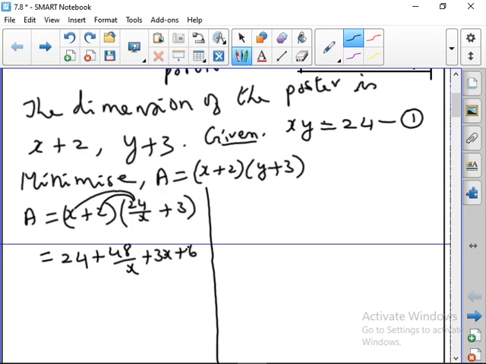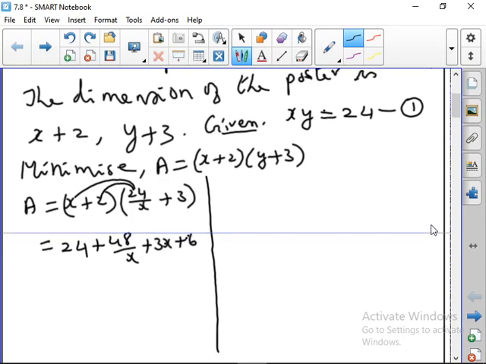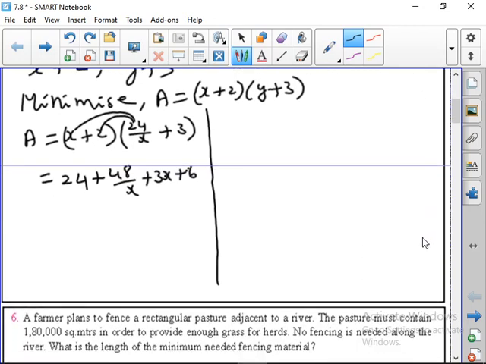Okay. Now we have to find A dash of x. So what is A dash of x? A dash of x is equal to 24, differentiation is 0. 48 by x can be written as 48 x power minus 1, as we have done in several problems.